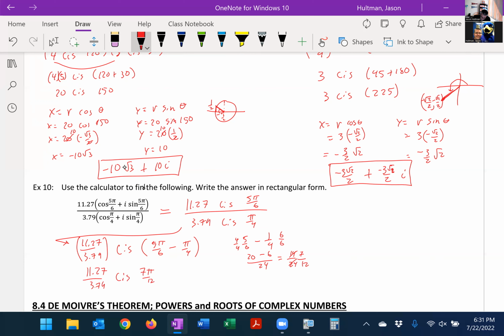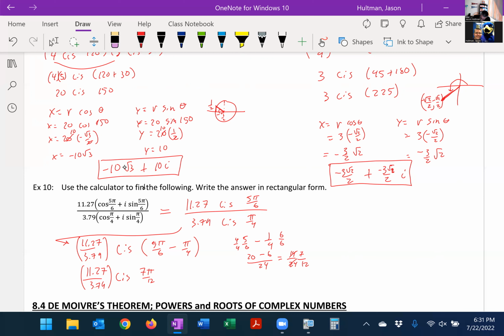Now how am I going to turn that into rectangular form? Well, once again, x is equal to r cosine theta, and y is equal to r sine theta. But what's r in this case? R is this weird number, 11.27 over 3.79.